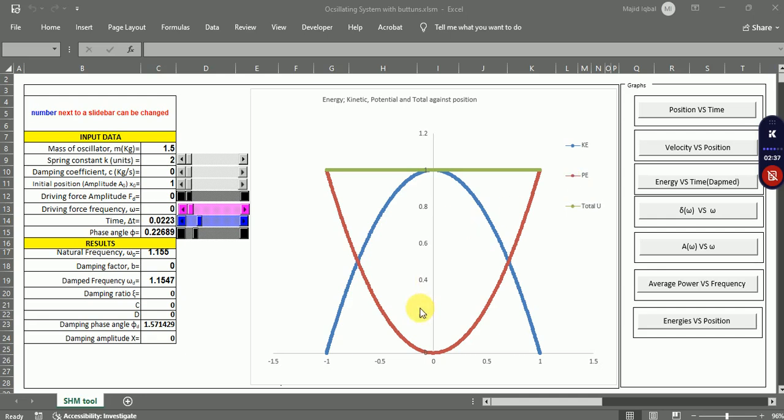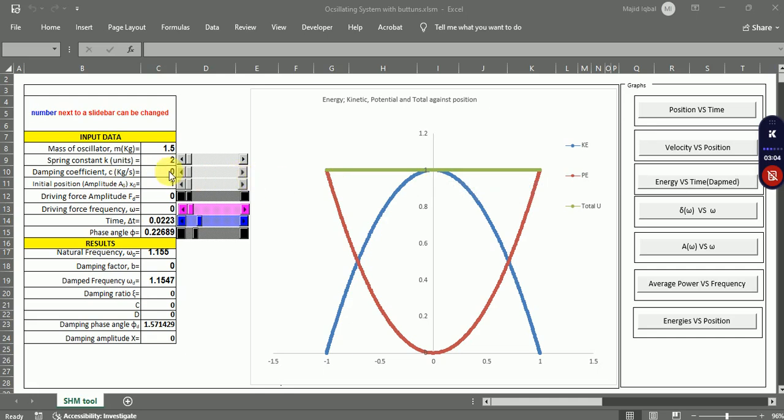We know that at the mean position it is minimum, and at the extreme position potential energy is maximum. On the other hand, the kinetic energy is minimum at extremes and maximum at the mean position. So these are very well described in these graphs.